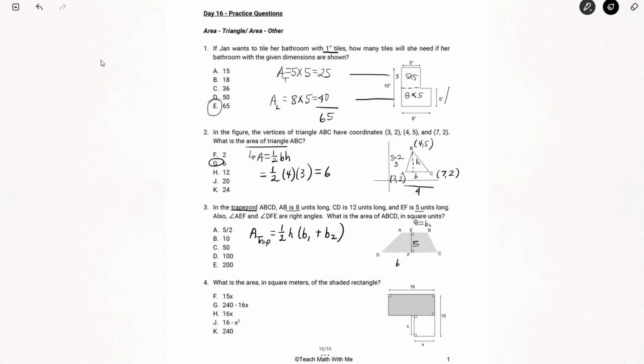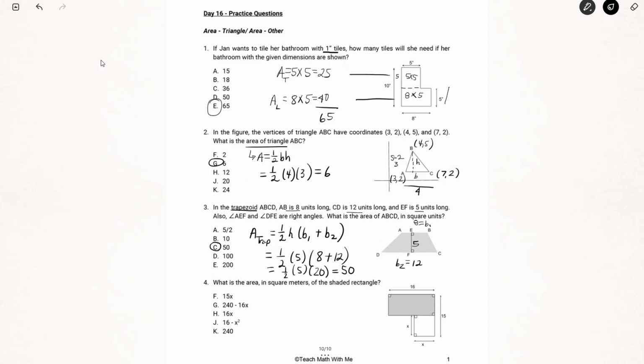And we'll say B2 is along the bottom, CD, which is given as 12 units. So we can just plug that in to our formula of 1/2 H, which is 5, times B1, 8, plus B2, 12. When we simplify, 1/2 times 5 times 20, that's going to turn out to be 50. That is answer choice C.